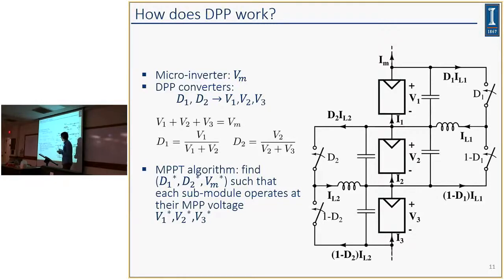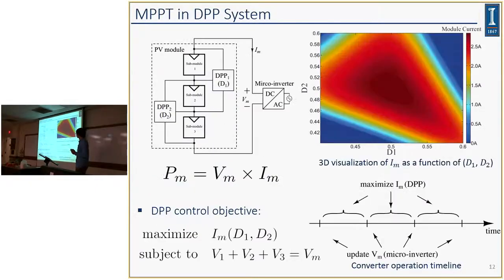Let's assume it's V1*, V2*, and V3*. And this will translate to a unique combination of duty ratio and module voltage. And the goal of this DPP maximum power point tracking control is to find this unique combination. And how can we do that?